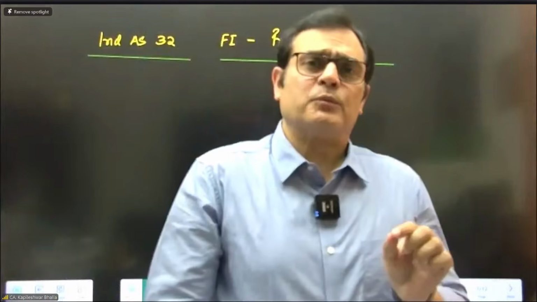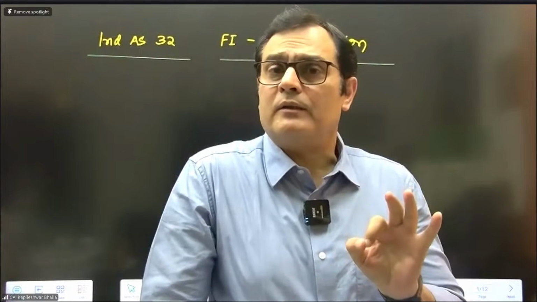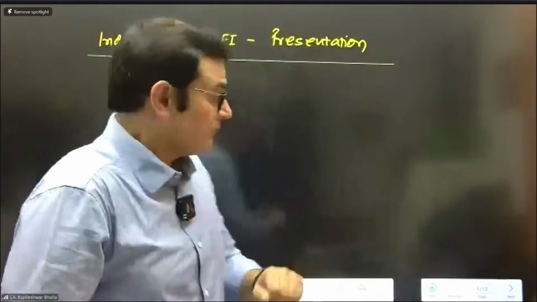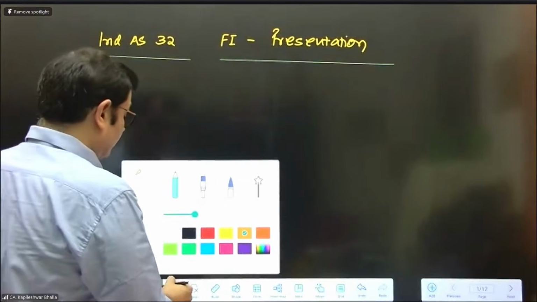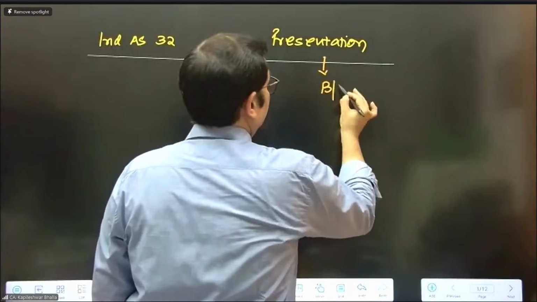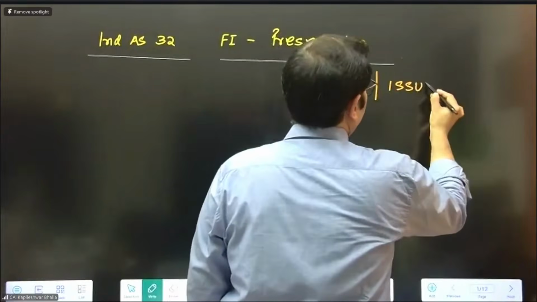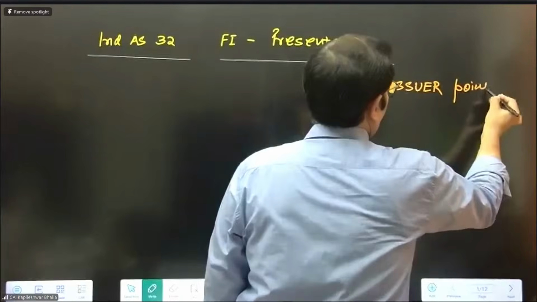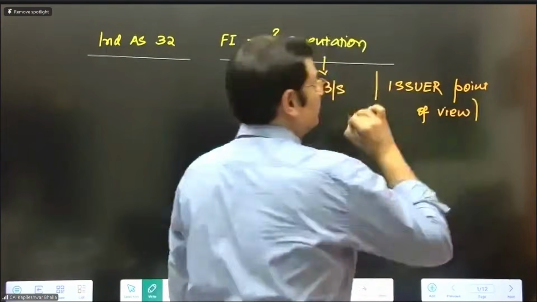The moment you hear the word presentation, what should click in your mind is that I am looking at a presentation in the balance sheet of the company, and typically we are looking at things from the issuer point of view.